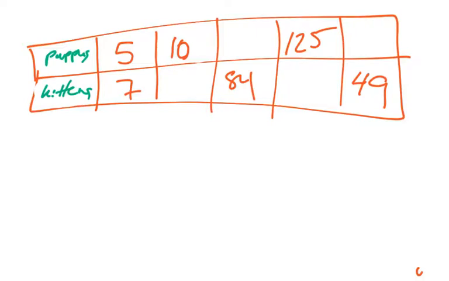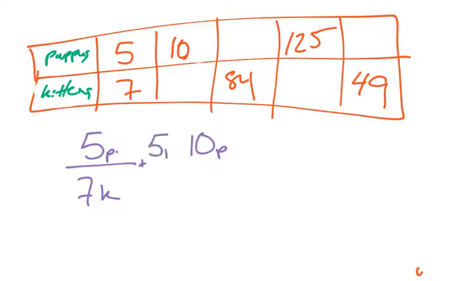So in this ratio table, we're comparing 5 puppies to 7 kittens. If I say that I know that I have 5 puppies and 7 kittens, and I'm trying to get to 10 puppies, that's just 2 groups of 5. But I have to add my 7 kittens as well.